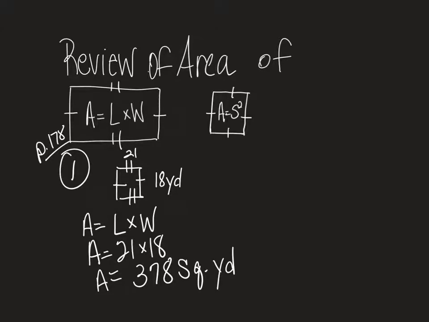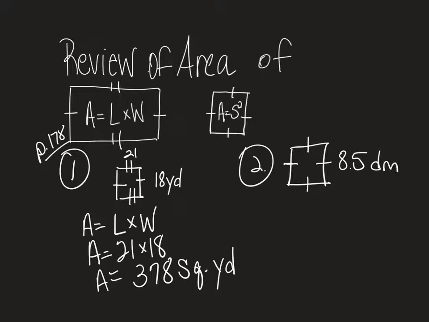Now, number two is a square. You know that by looking at the picture, because it shows you the same line through all four sides. Now it tells you that it is 8.5 dm, which stands for decimeter. Don't get it confused with decameter, because that's DAM, but decimeter is simply DM.